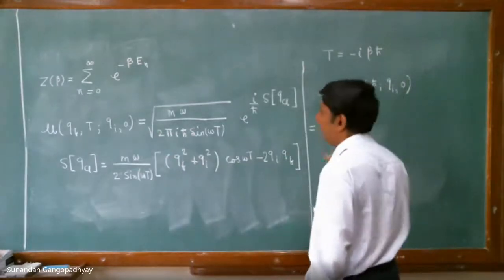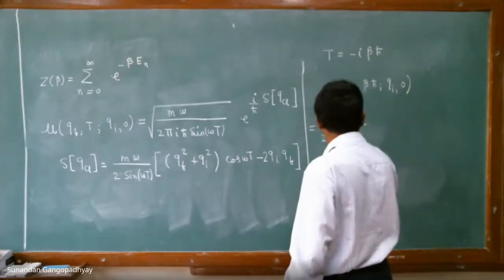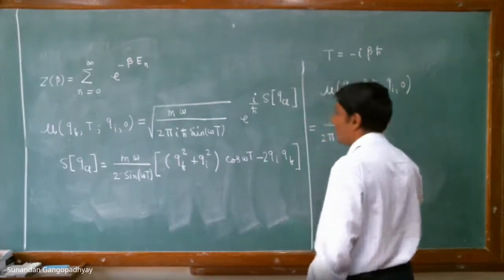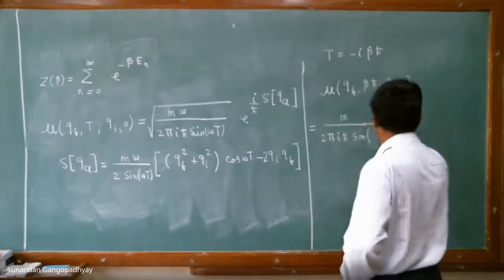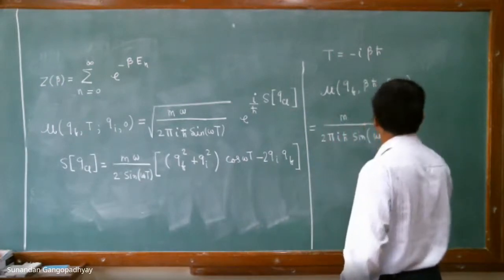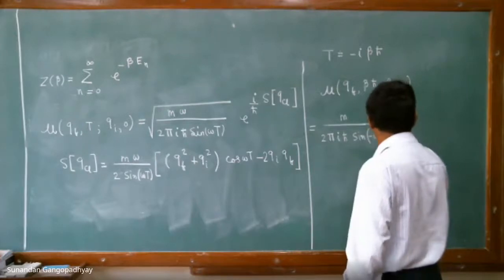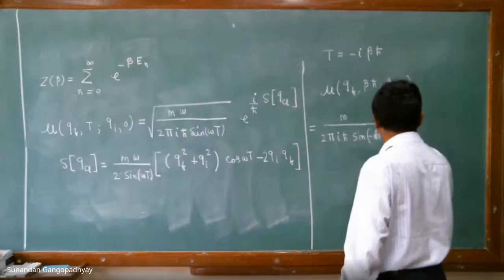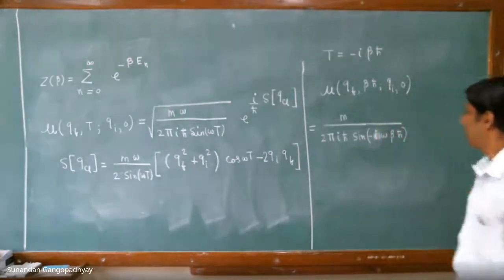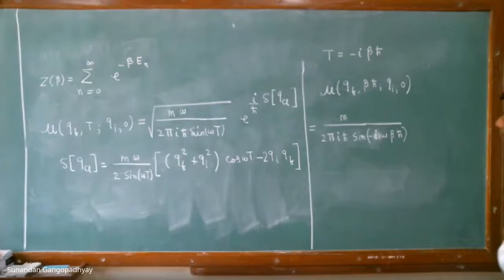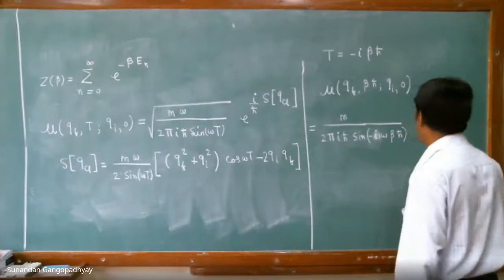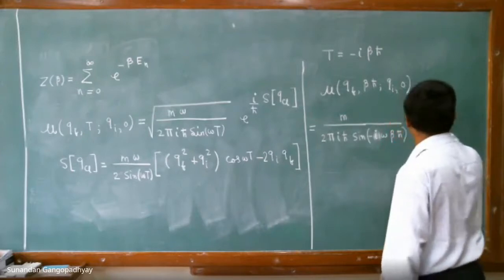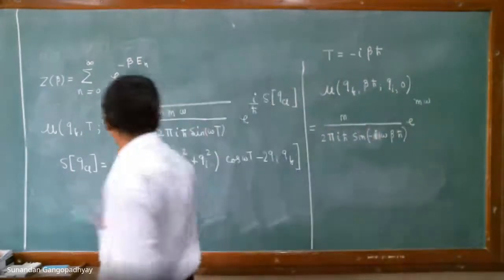So this will be m omega by 2 pi i h bar sine of omega minus i beta h bar, so this is what we have, and then we have e to the power of this.